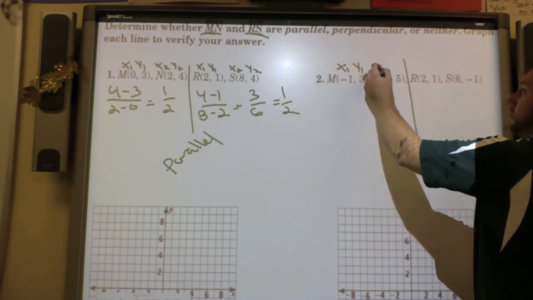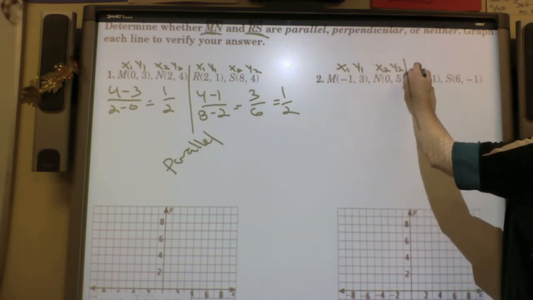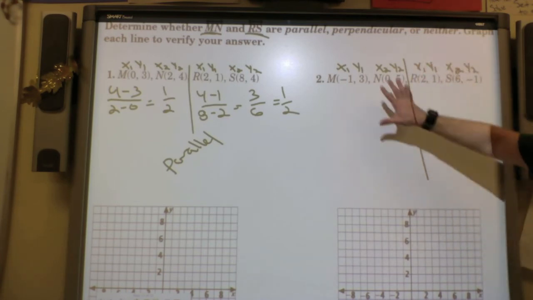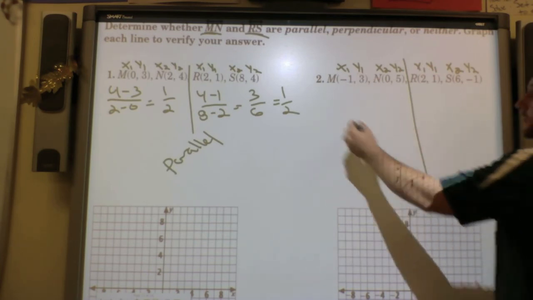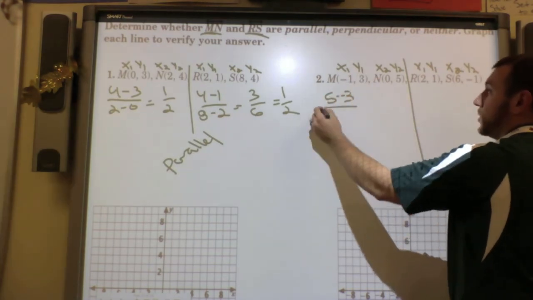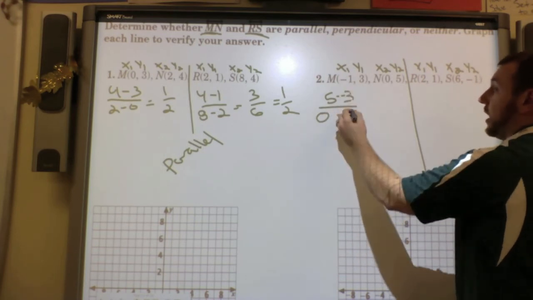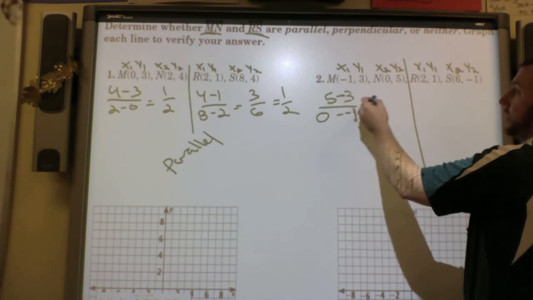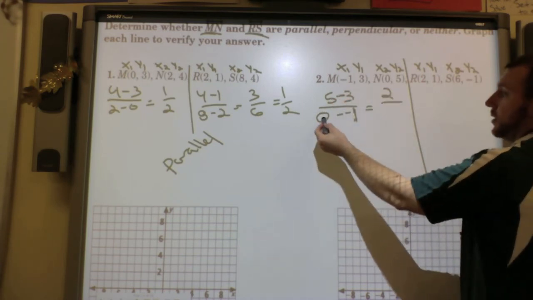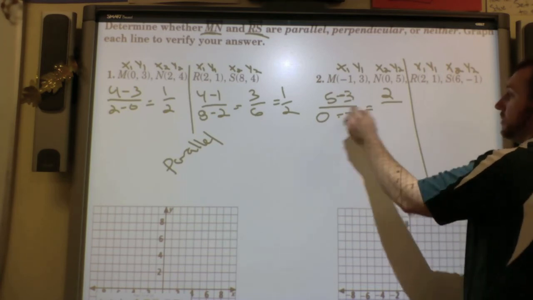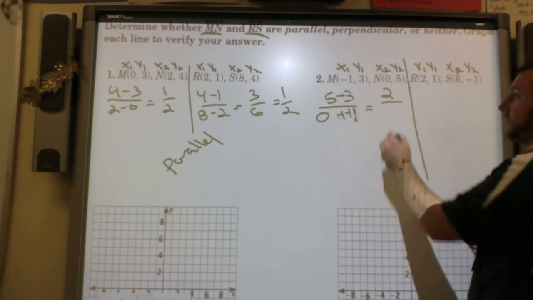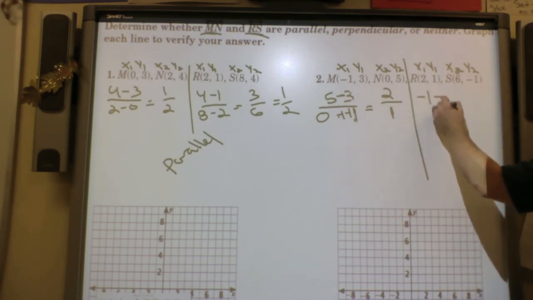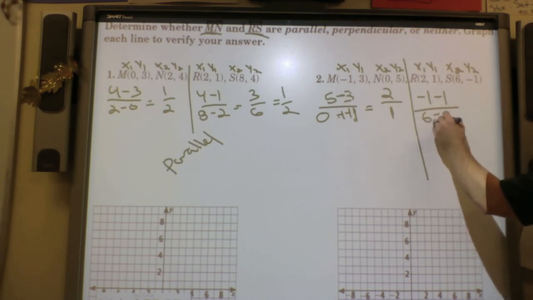Here, same thing. x1, y1, x2, y2. I do the slope between these 2 points. 5 minus 3 over 0 minus a negative 1. 5 minus 3 is 2 over 0 minus a negative 1. Double negative becomes a positive. 2 over 1. Here, negative 1 minus 1 over 6 minus 2.